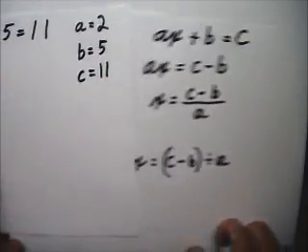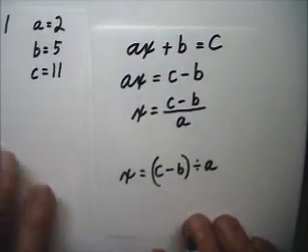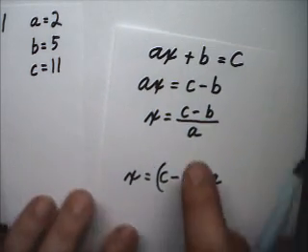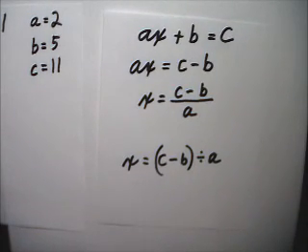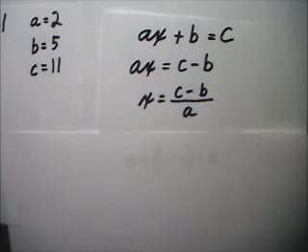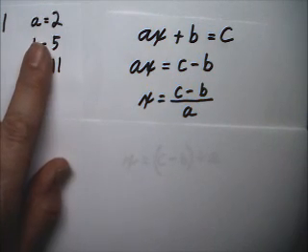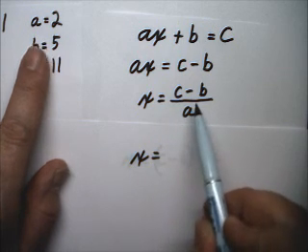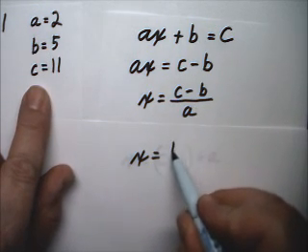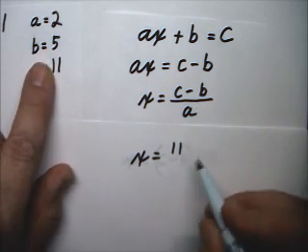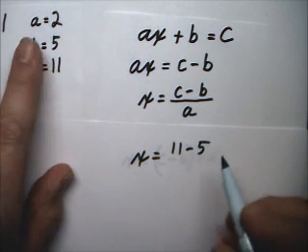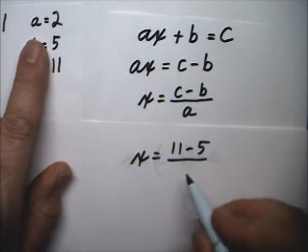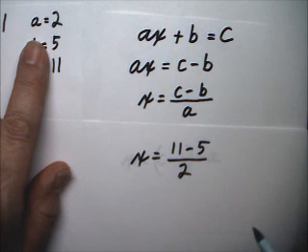Okay, so either one of these is a correct answer. I'll use the first one, and when I solve that, I have to say x is equal to, now it's c, that's 11, take away b, divided by a, which is 2.